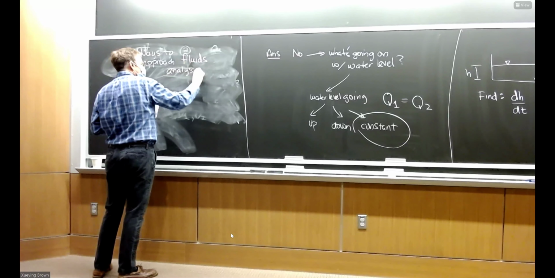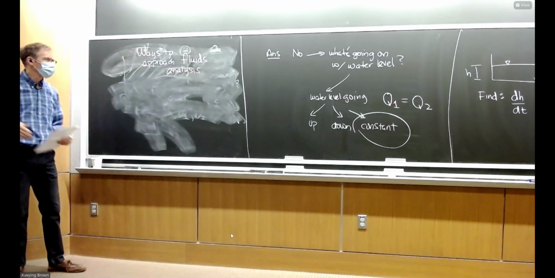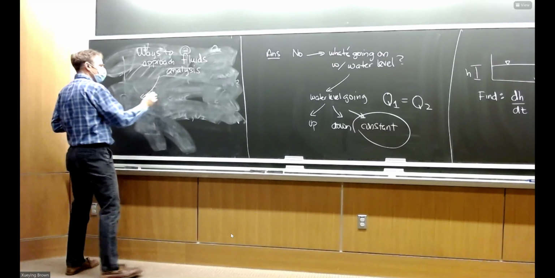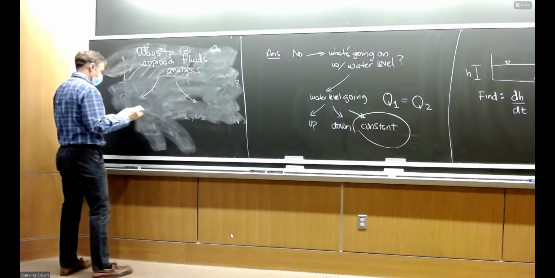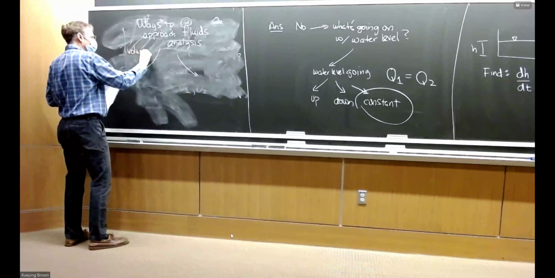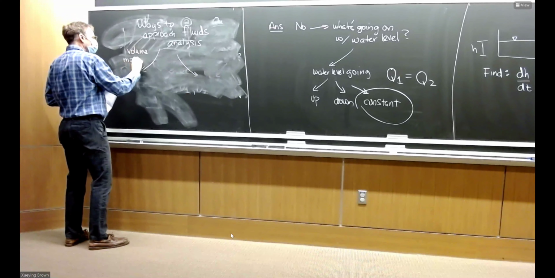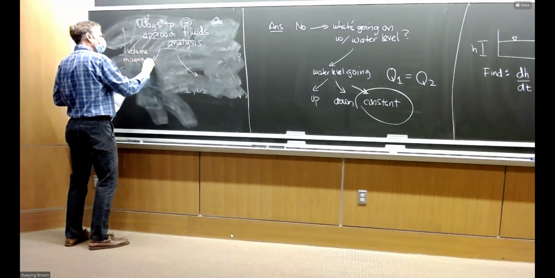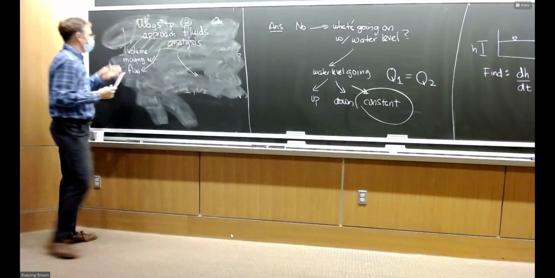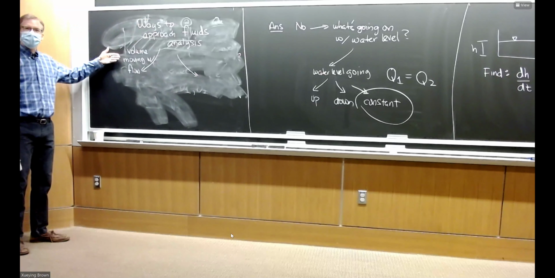Just to say, if we look at all of the problems that we work, we generally have two methods of analyzing them. We look at a volume that's moving with the flow.